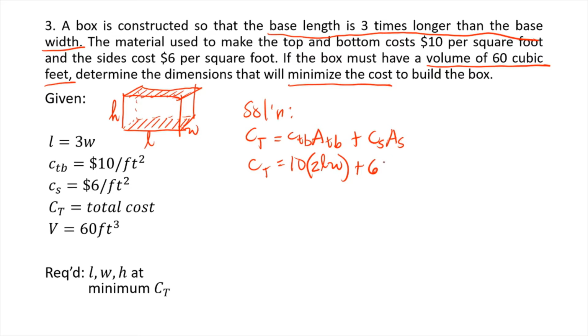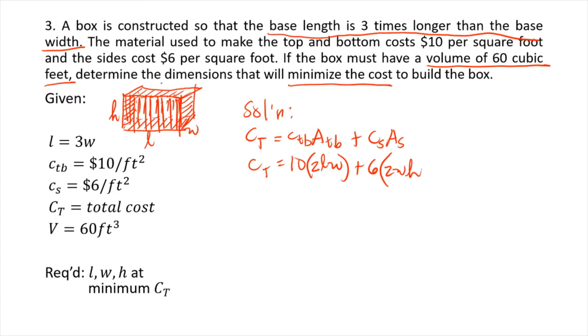And then area of the sides, so we have 2 sides. So this one, first set of sides, the dimensions are W and H. So for each face, that's W times H. Then we have 2 of them, so the area is 2 times W times H. And then lastly, we have these faces, the front and the back.